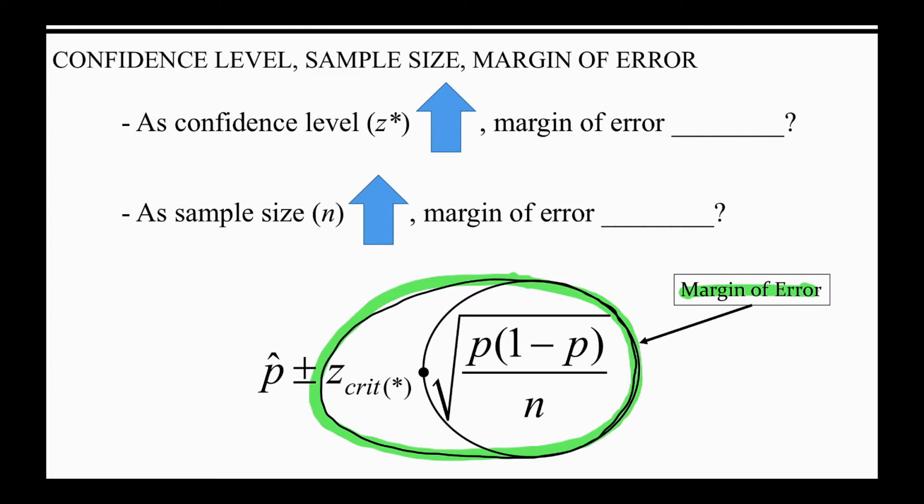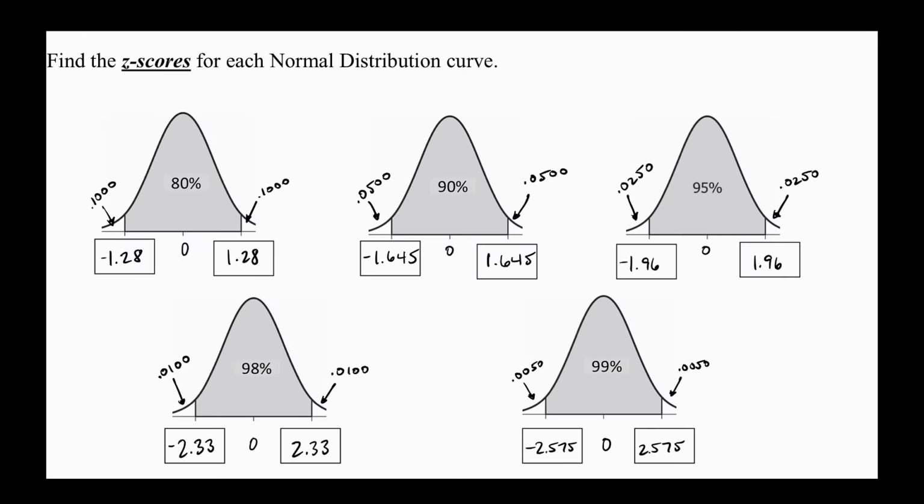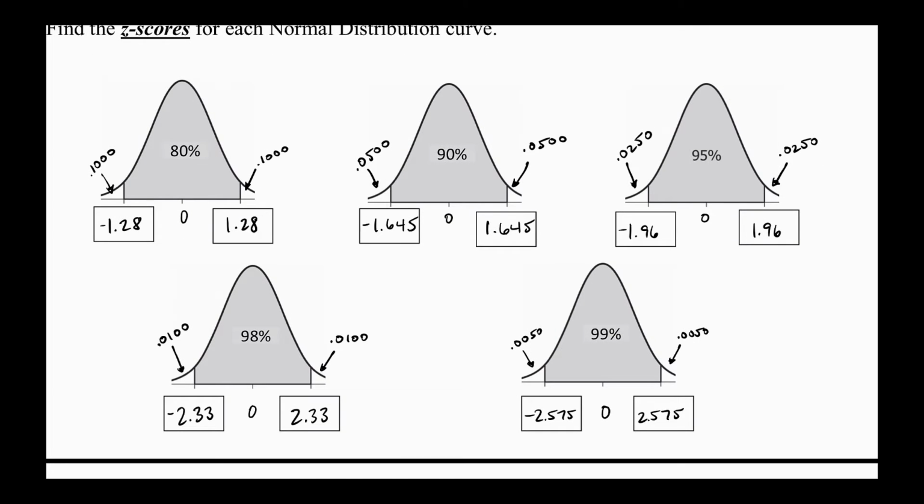All right, so as my confidence level goes up, as I get more and more confident, I'm 80% confident here, 90% confident, 95, 98, 99 is pretty much the highest. Get more and more confident.